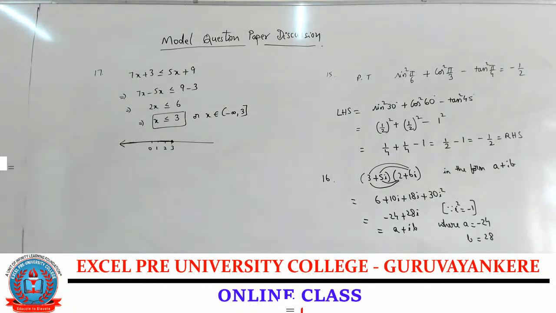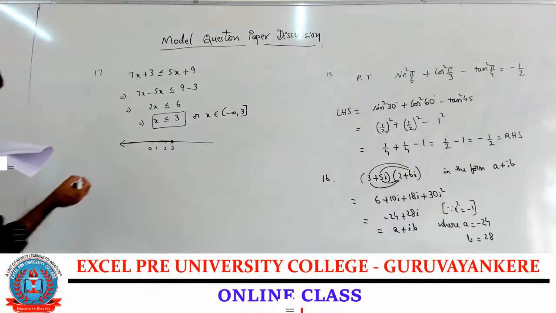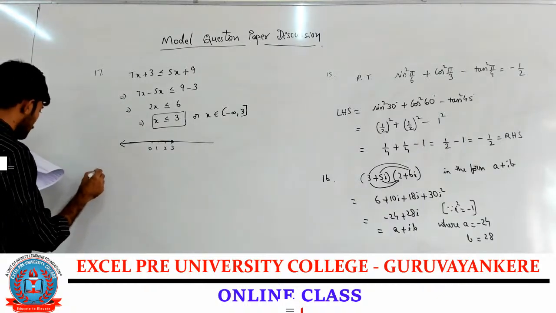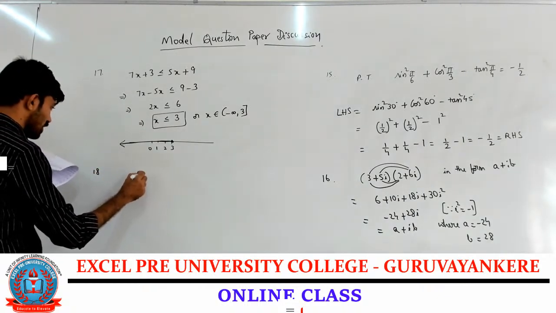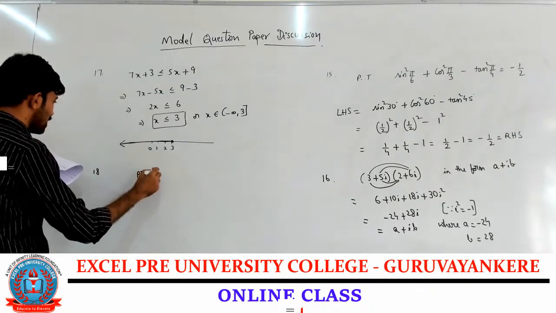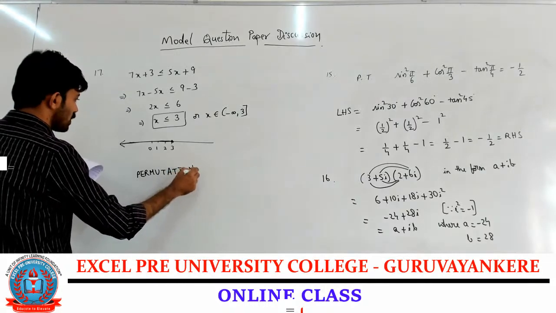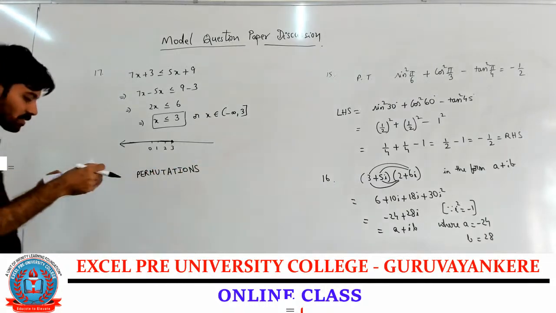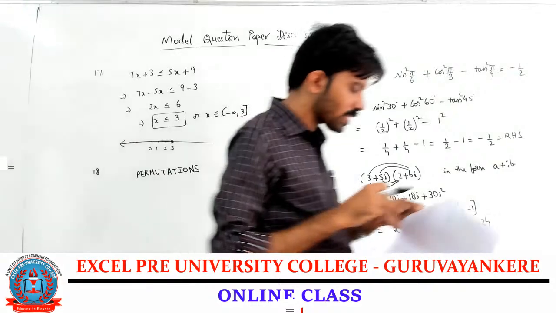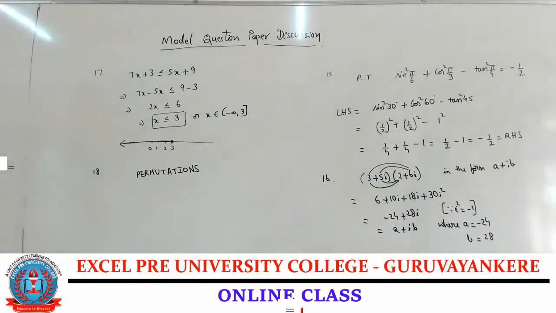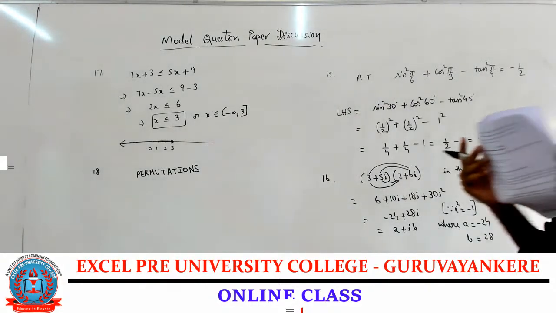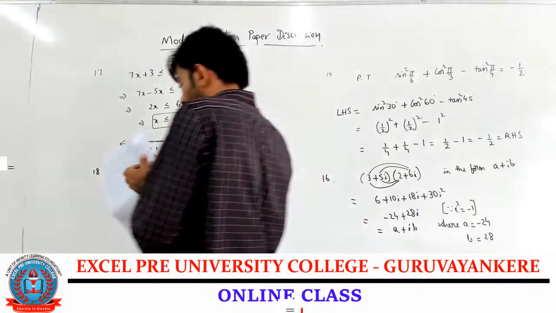Next, question number 18. In how many ways can the letters of the word PERMUTATIONS be arranged if all the vowels are together?